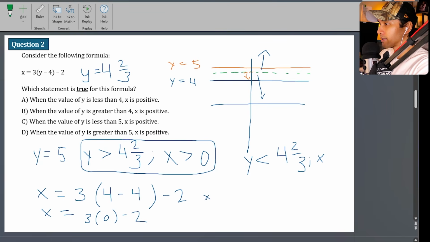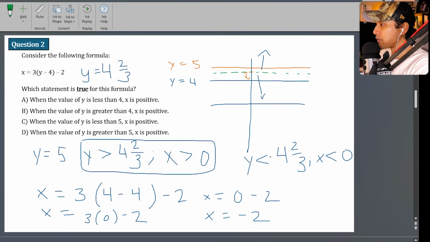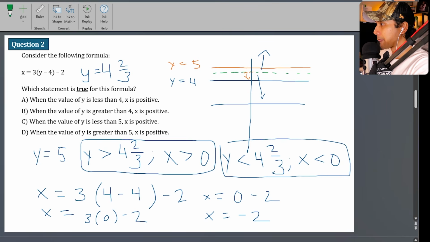Then we get x equals 0 minus 2, and finally x equals negative 2. So then we got a negative number, less than 0. So y values less than 4 2/3, then x is less than 0 or negative. Okay, we have our rule.